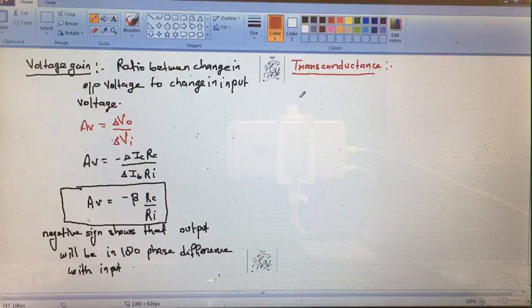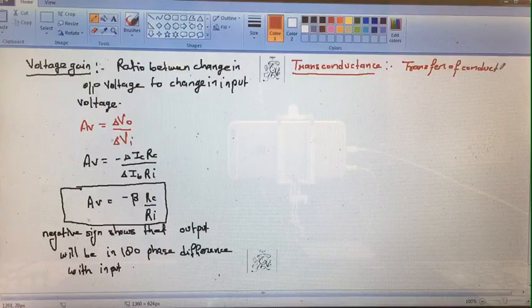We know about conductance. Conductance is the ratio between current to the voltage. But here the word transconductance means the transfer of conductance. In case of transfer of conductance, there will be output current and input voltage.